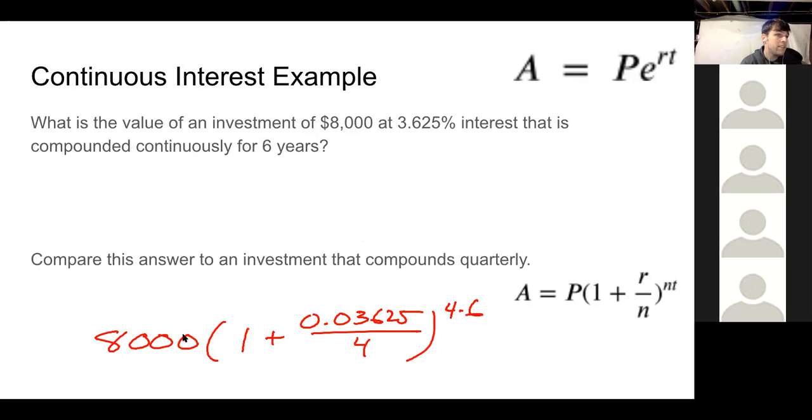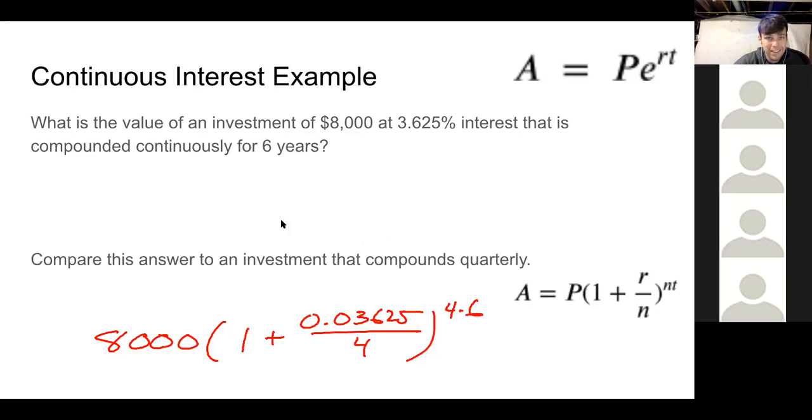So we do this calculation. This is our standard interest formula. 0.03625 over 4. 4 times 6 is 24. So there we go.